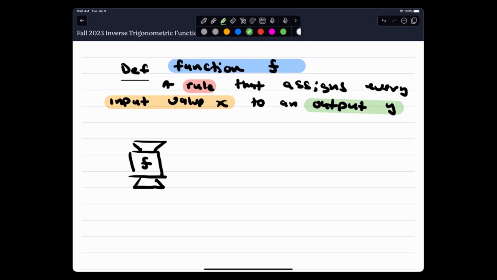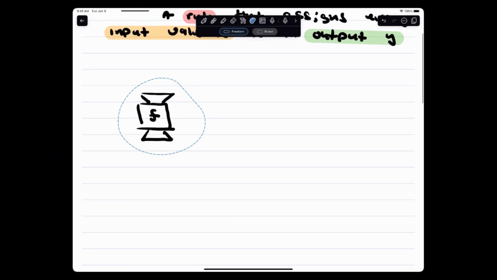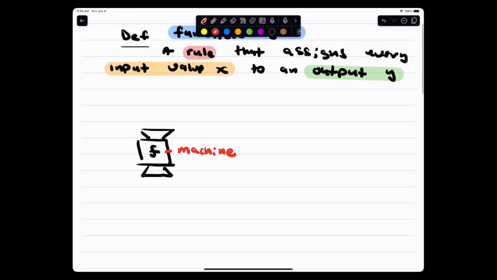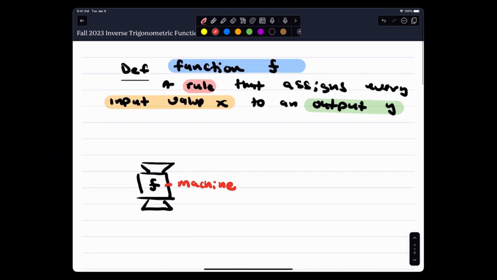So here's a picture of that machine. I think of a function as a machine. You go, what do you mean, a machine? Yeah, this is the rule that they're talking about. What kind of machine did I use as an example before?